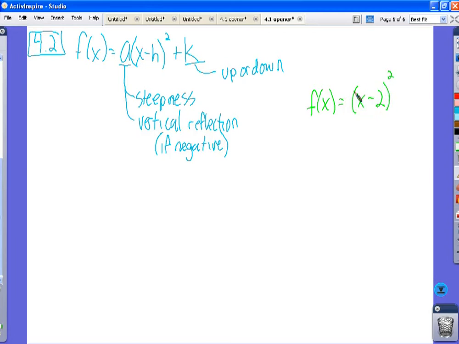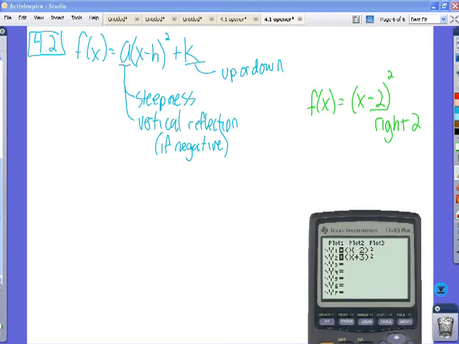It's like right in the center when the thing that you square is 0. So what would you plug in for x to cause it to be 0? 2, right? The vertex moves over to positive 2, not over to negative 2. When I put negative 2 in here, I get negative 4. This moves it right 2.